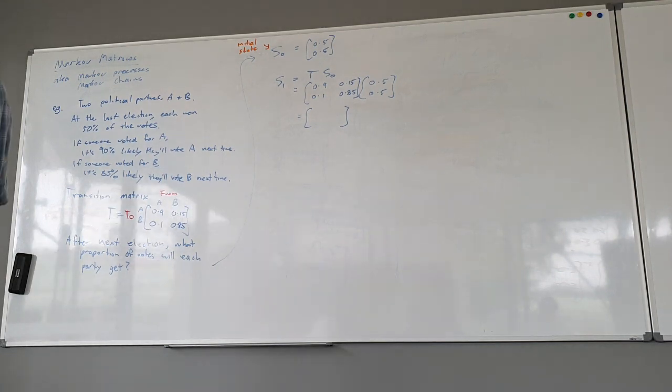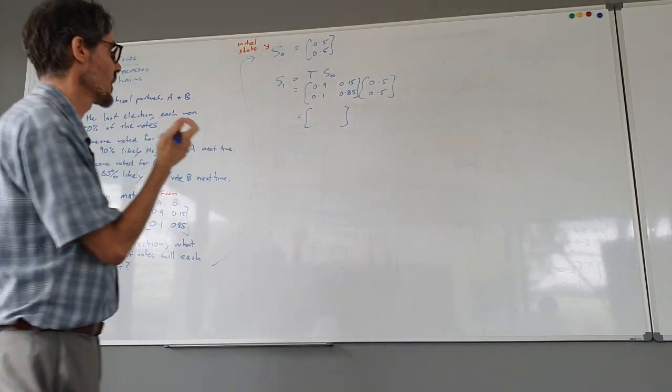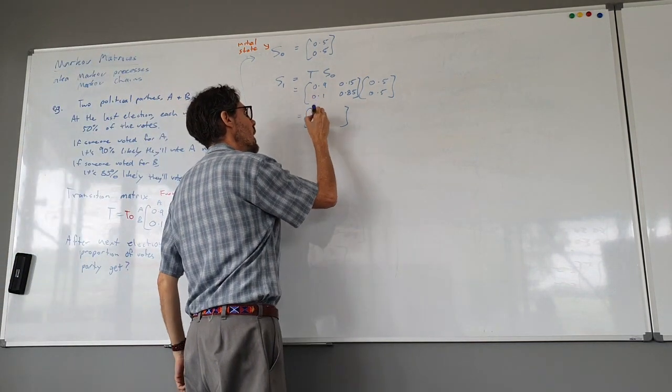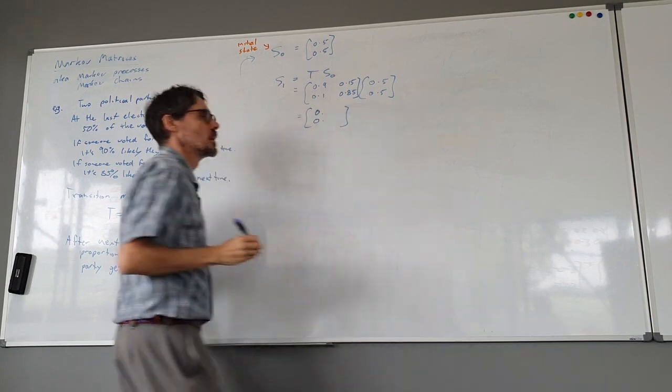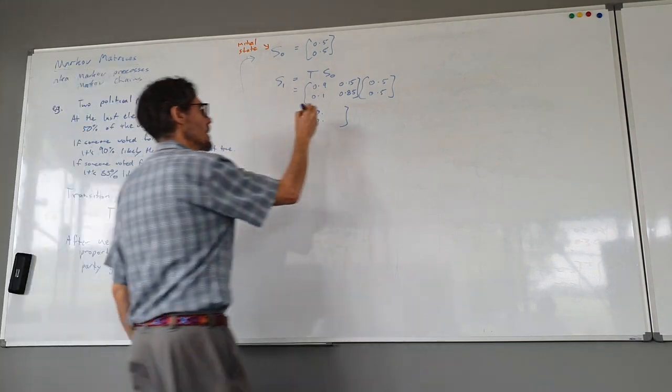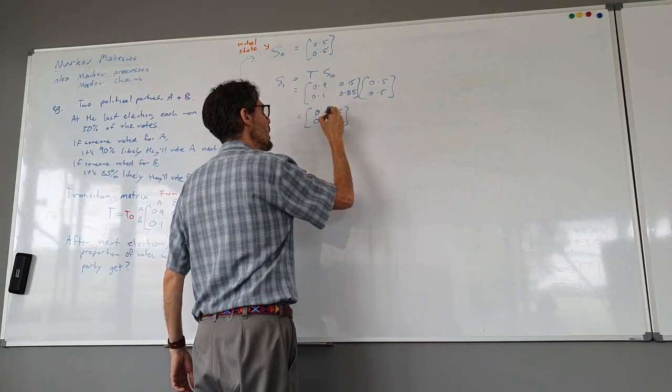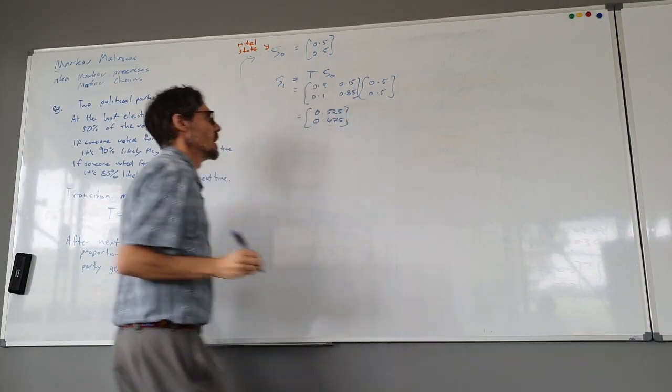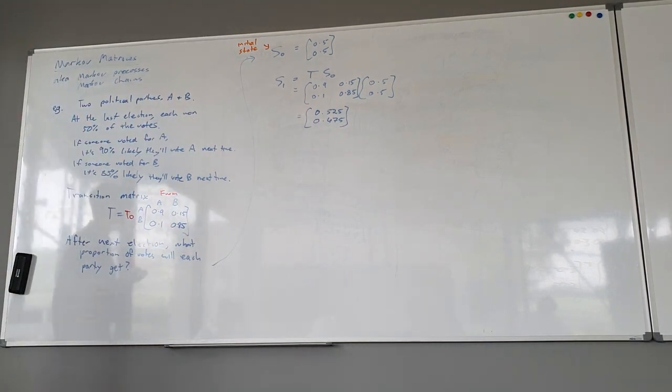And what do we get? 0.525 and 0.475. So in the next election, A got 52.5% and B got 47.5%.